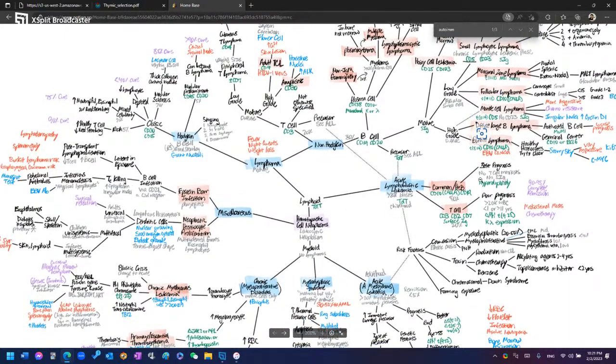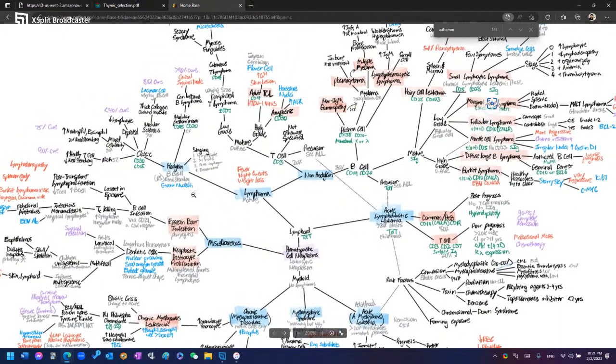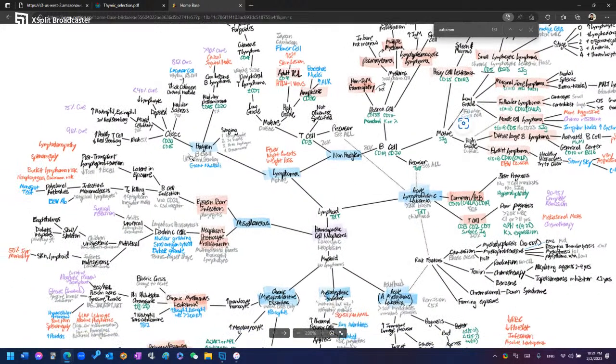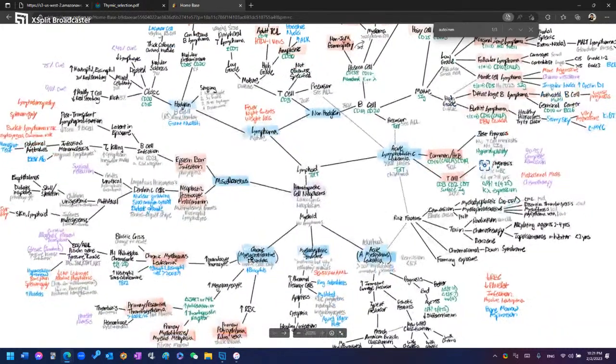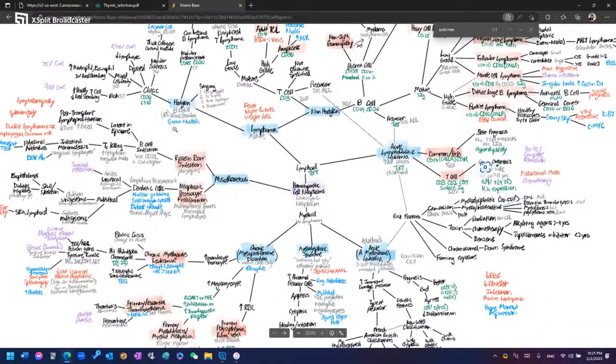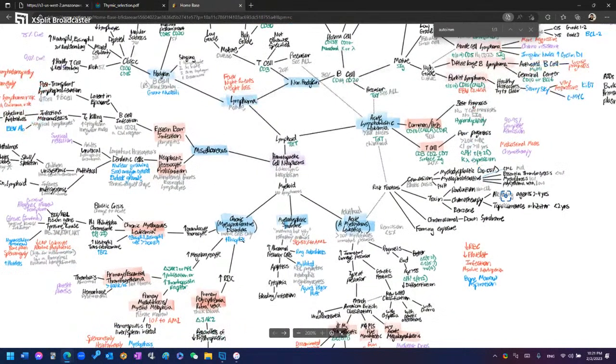Hodgkin or non-Hodgkin, right? And that depends on what it looks like. And then we ask for non-Hodgkin T or B cell, right? And for Hodgkin, we ask what kind of Hodgkin. I think it's not arbitrary. It will affect treatment, but I don't think it's as good of a division as this one is, right?